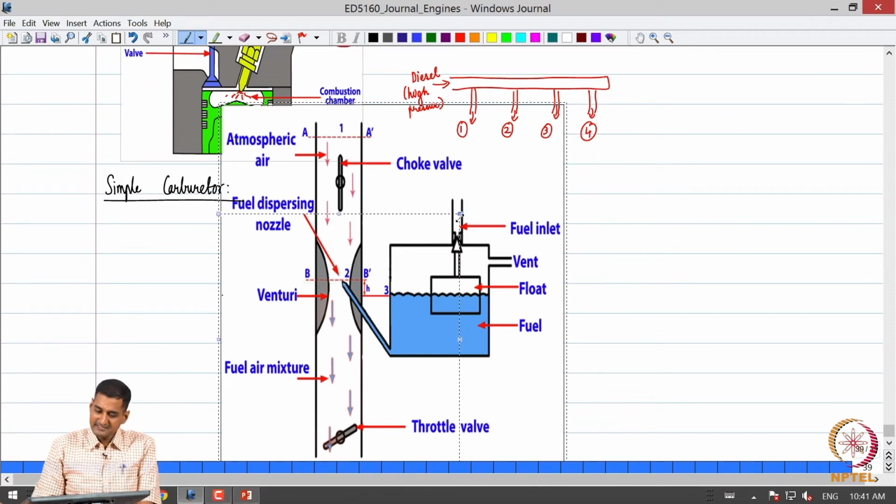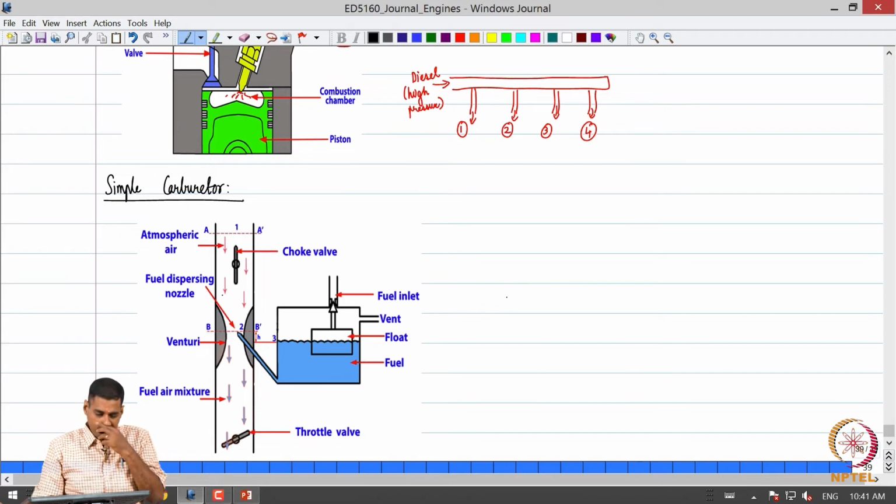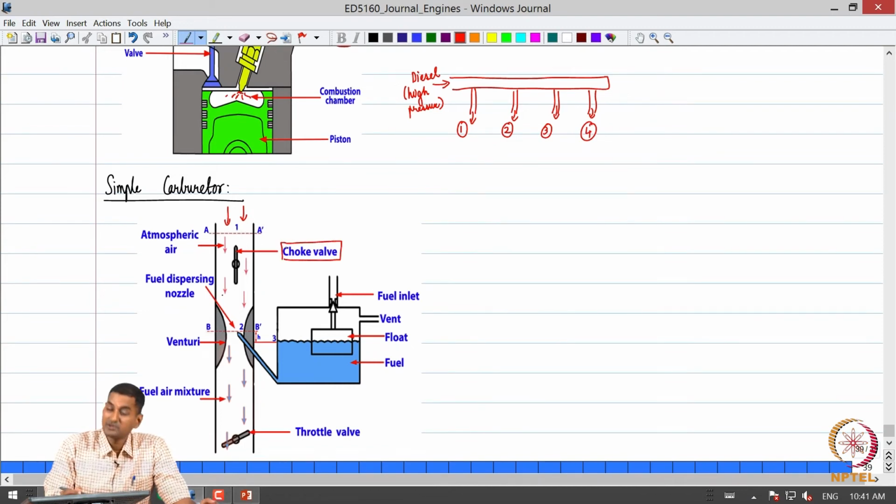This is a simple schematic of this carburetor. We can see that air enters the carburetor, and this is what is called a choke valve. We will come to the choke valve later on.